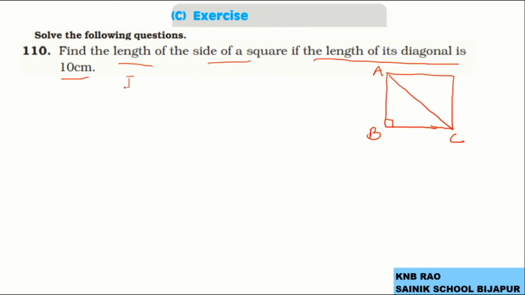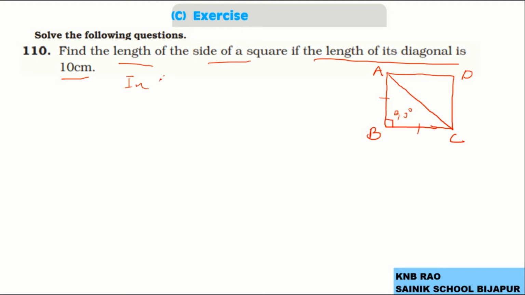So therefore I have the square ABCD, where angle ABC is 90 degrees and the diagonal acts as the hypotenuse, dividing it into two right angled triangles. So I am considering one of the right angled triangles.